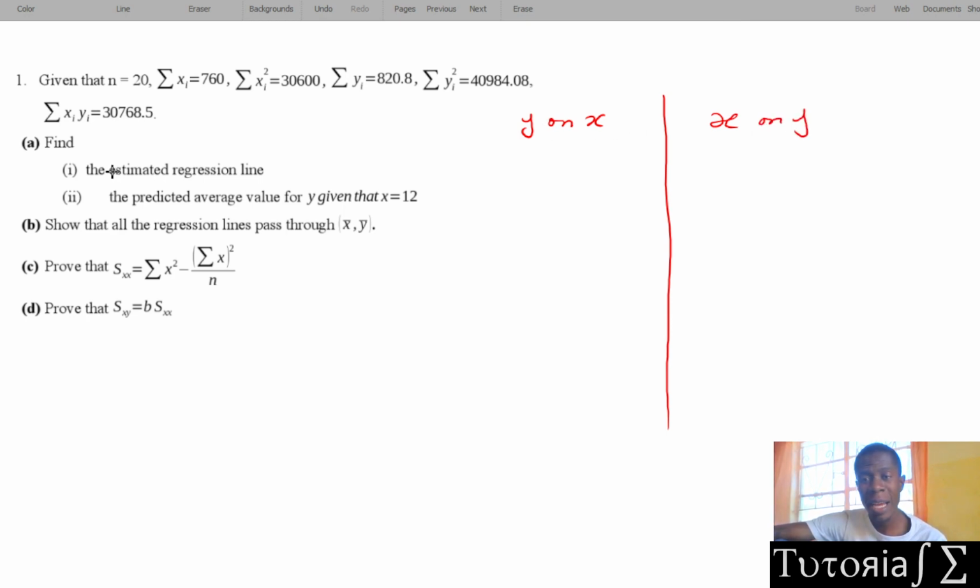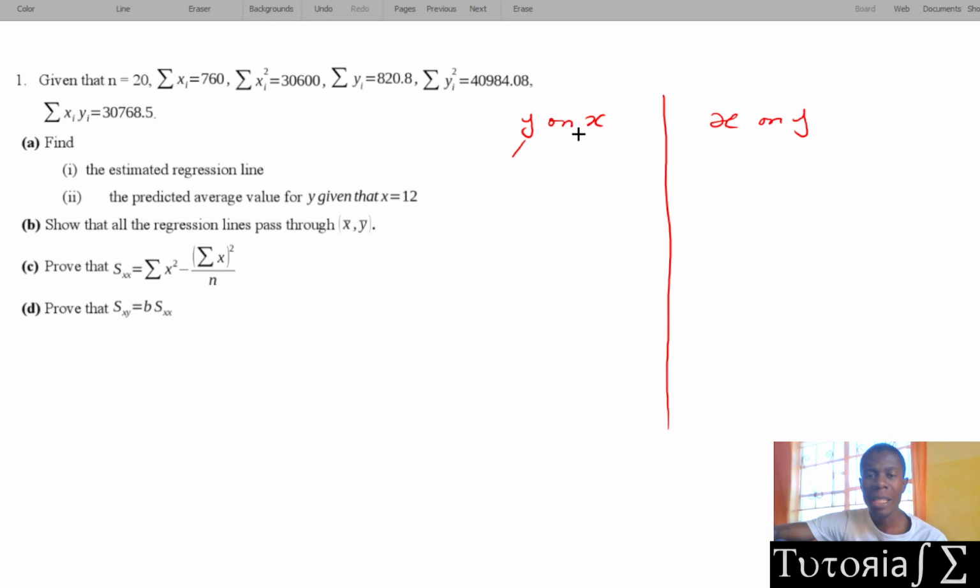Sometimes they will just say find the estimated regression line for y on x, or find the estimated line of regression for x on y. In y on x, y depends on x.